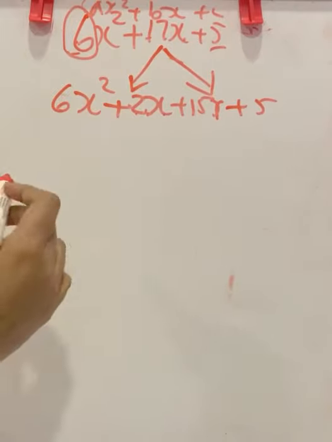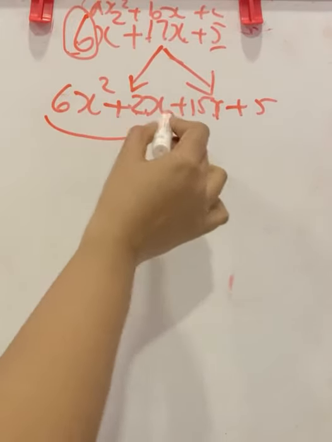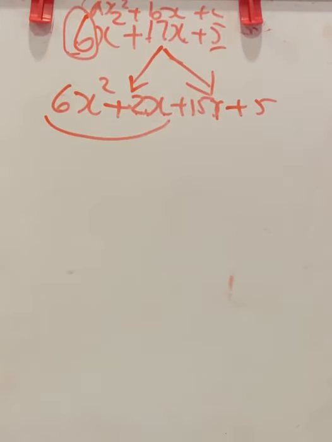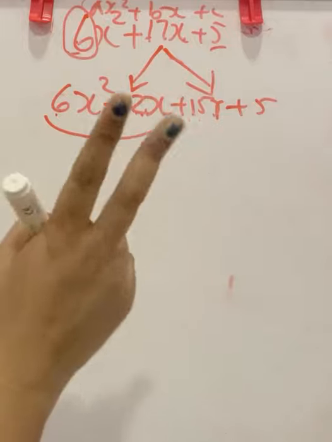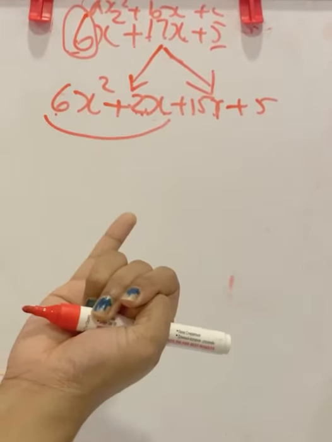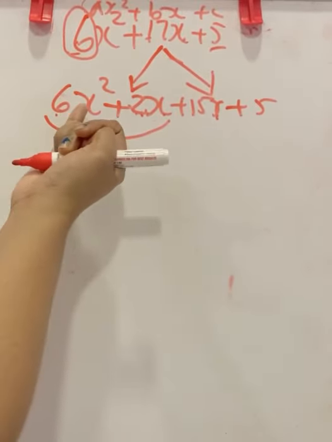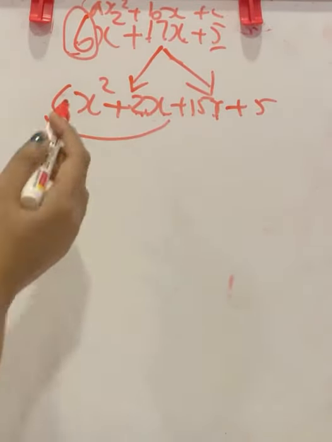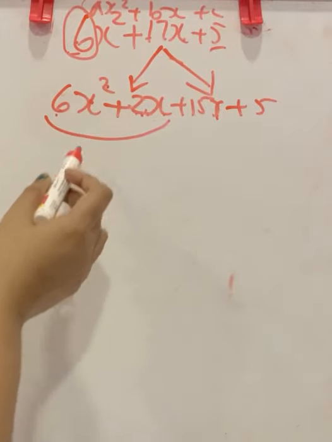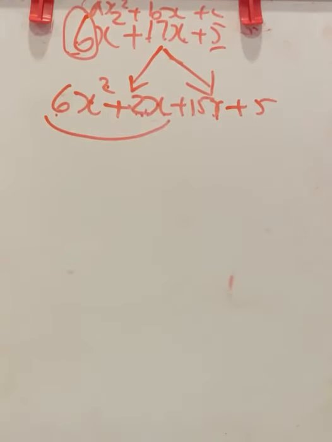Now the next step is to consider the first two terms. In the first two terms, can you find any common factor? In 6 and 2, both are multiples of 2, so 2 is a common factor. Also, there is x square and x, and x is a common factor. That is x into x is x square and x into 1 is x.